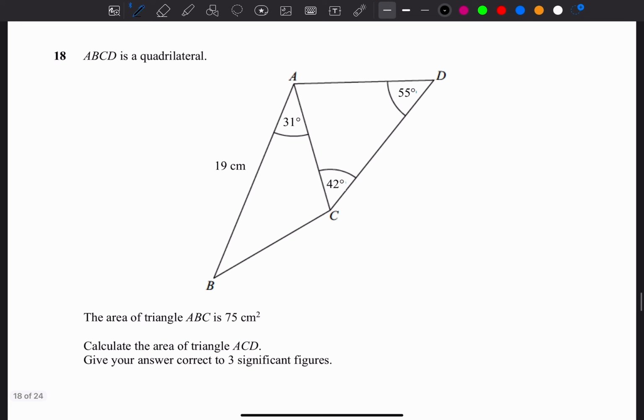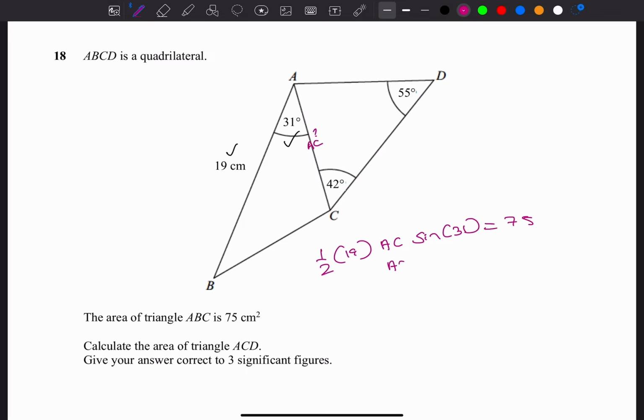Next one, the area of triangle ABC. ABC is this one. So if that's your angle, this is the side you're trying to find, which is AC, isn't it? So half times 19 times AC times sine 31. Half AB sine C, isn't it? Equals 75. What do you do?